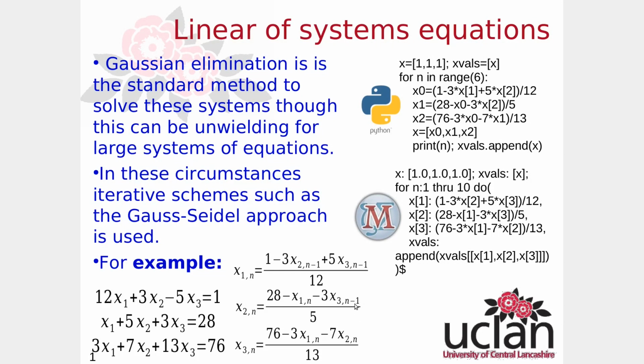We've still got x3 of n minus 1, so we're using the previous one, but now the new computed one, which shows you that you should get a faster solution using this iterative method for large sets of equations. And likewise for x3, we would leave x3 by itself momentarily, take x1 across, it becomes minus, but we'd use this approximation, and then we take the 7 across, and we'll use this approximation.